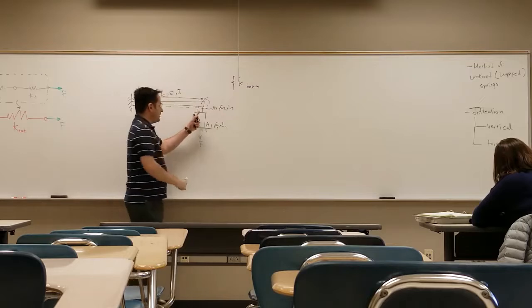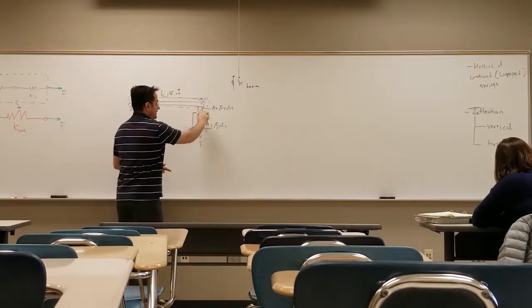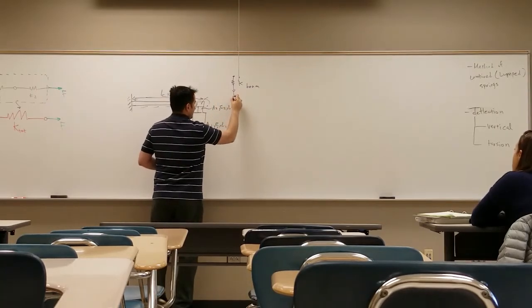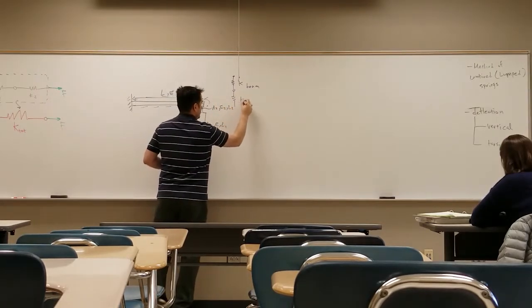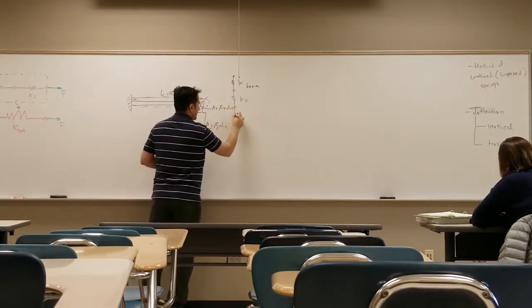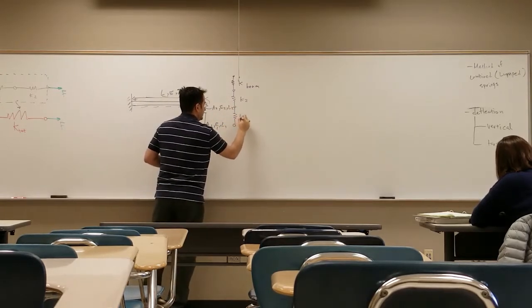And then if I model this bar, this little bar here, A2, E2, and L2, with another spring, I call it k2. And if I model the other bar with another spring, I call it k1.